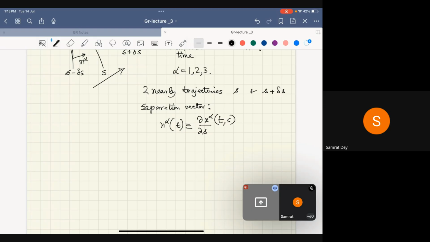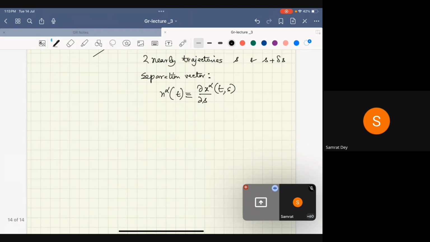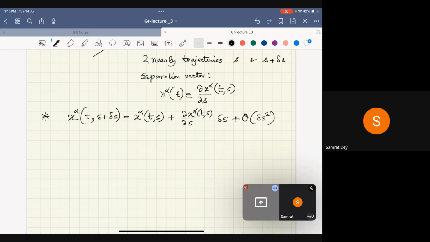If we want to compare two nearby geodesics, we can write x^alpha(t, s plus delta s) as an expansion in Taylor series: x^alpha(t, s) plus partial x^alpha over partial s times delta s, and then there will be higher order terms in delta s squared.